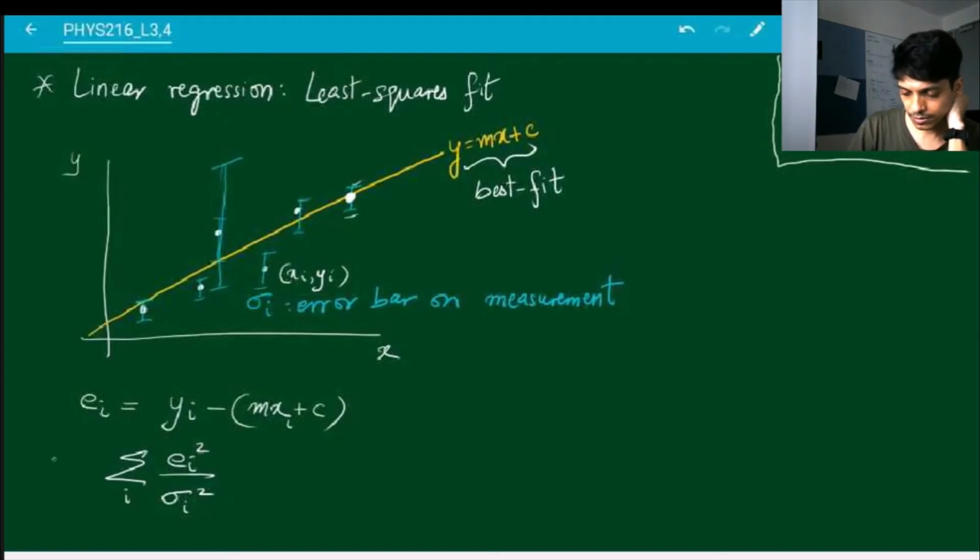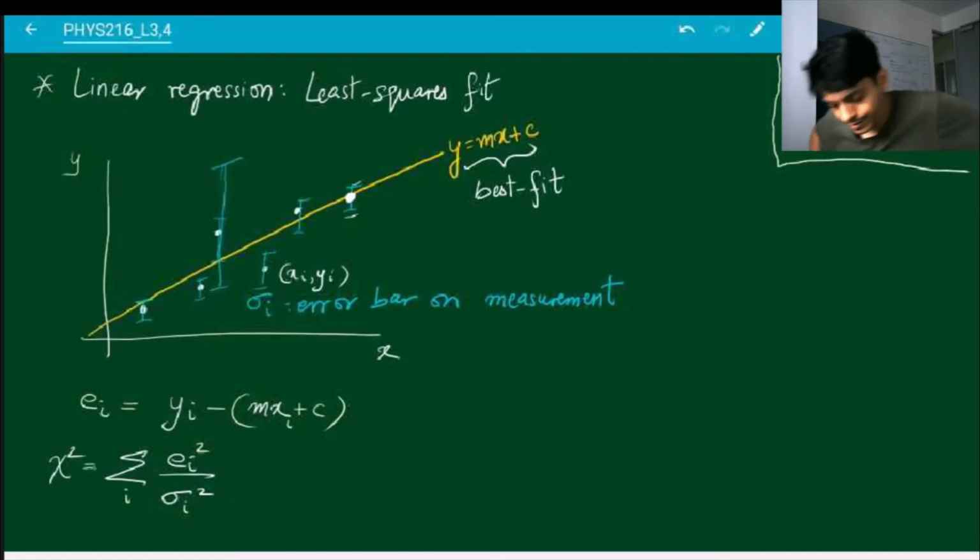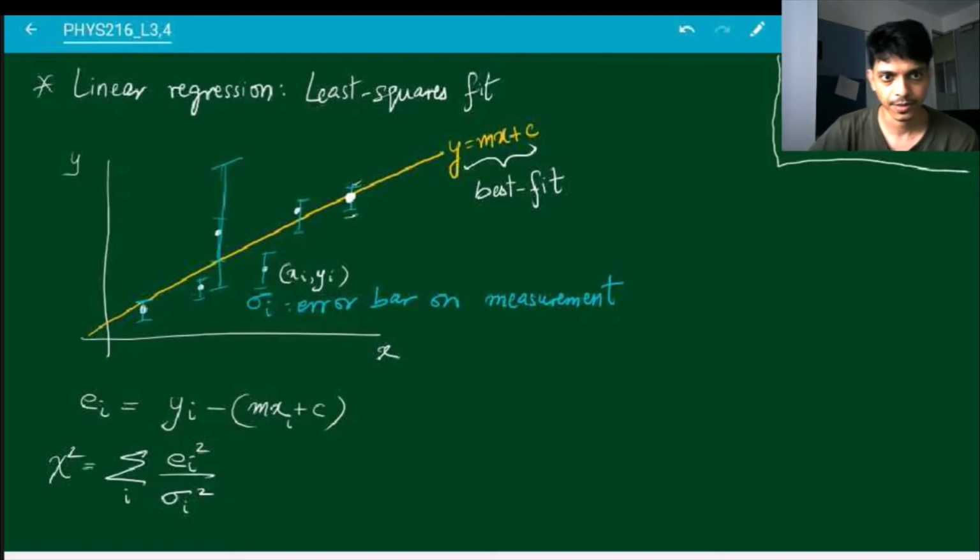This quantity we call chi-square. Why we call it chi-square, we will discuss next term when we are doing statistics. Right now, just treat chi-square as some name that we are giving it.